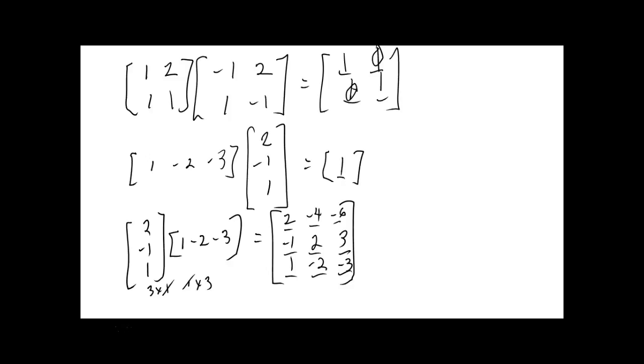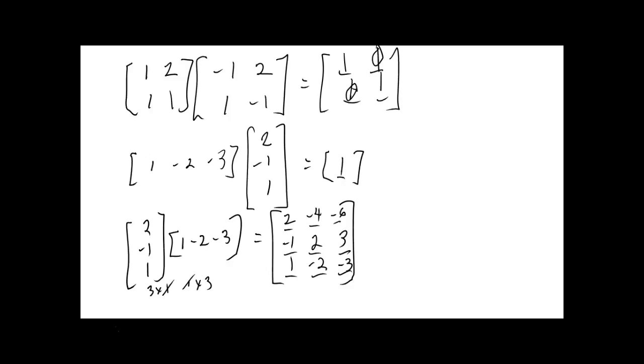Are those two equal? Nowhere close. They're not even the same size. How could they be equal? So obviously the commutation of two matrices, when you can do it, the odds are you're not going to get the same result. You may not even get the same size of a result. But even if you do get the same size, you probably won't get the same result. Unless you happen to have one of those like that.